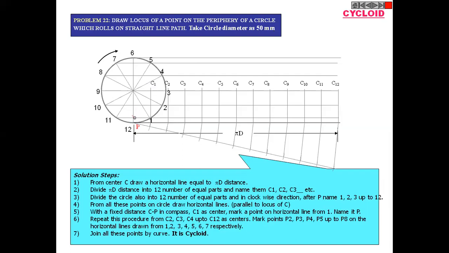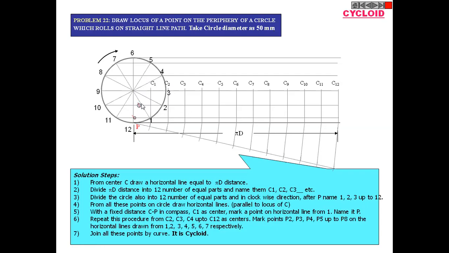Now we consider the circle moving again by the next 30 degrees, meaning the center is shifted from C1 to C2. The radius remains the same, so use the compass again, with a radius equivalent to this circle, but the center at C2. Set the pointer of the compass at C2 and mark one arc on the horizontal line passing through point number 2.